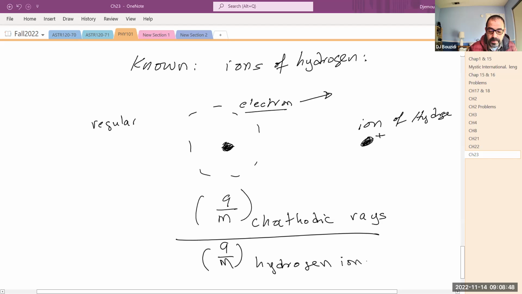And this ratio, of course, he found this number, and he found this number, and he can find the ratio, and it's 1800. That's what Mr. Thompson had found.